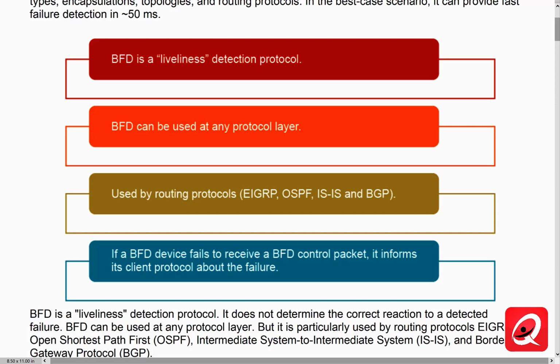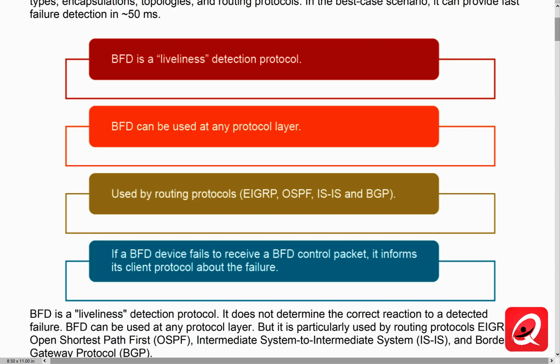And of course you can set the timers asynchronously, which means one device might have a different set of timers than the other device. One peer could be sending control packets at 50 millisecond intervals in one direction. The other one might be sending packets at 150 milliseconds in the other direction. But as long as each of the BFD peers receives those control packets within their threshold, what we call the detect timer period, then that session is going to remain up, and we're going to report back to the routing protocol that everything is great.